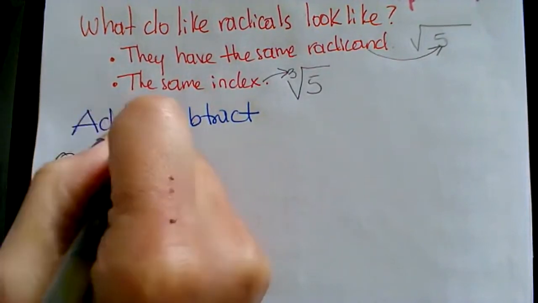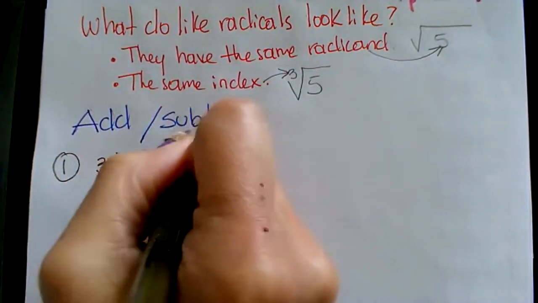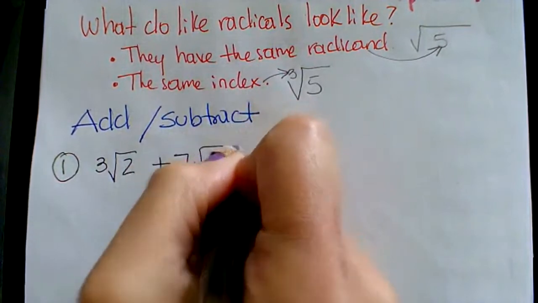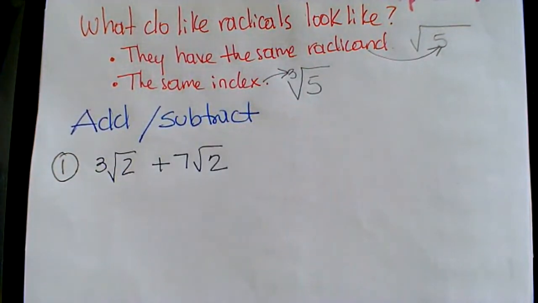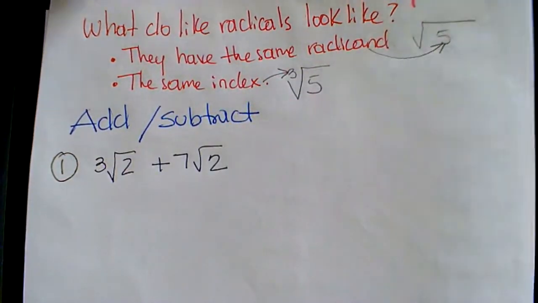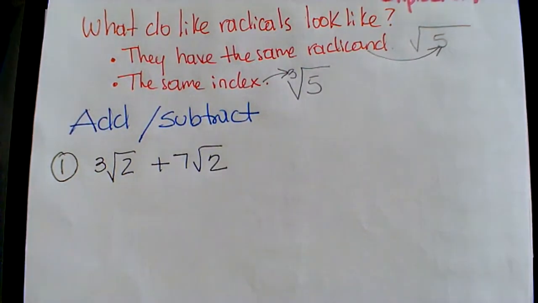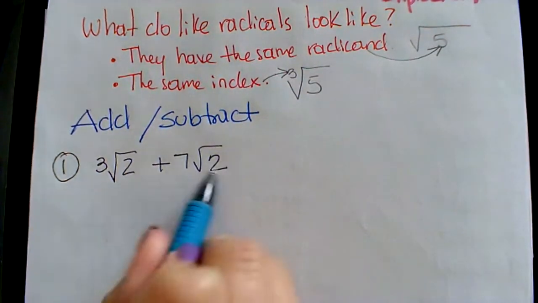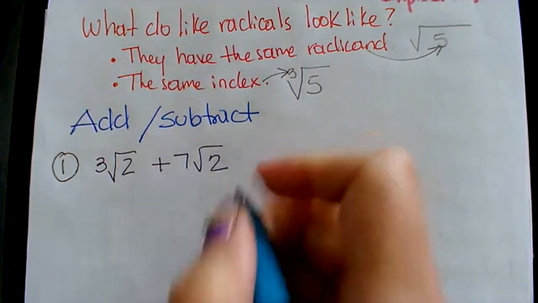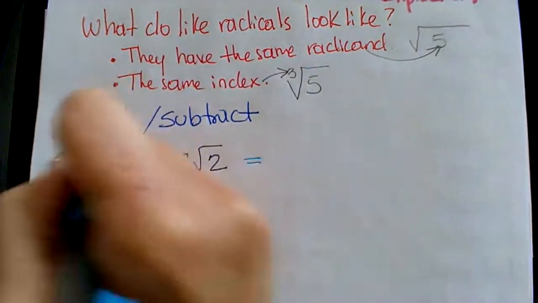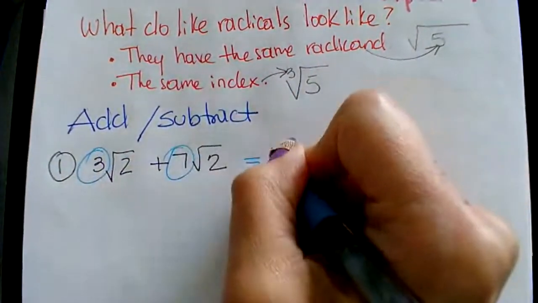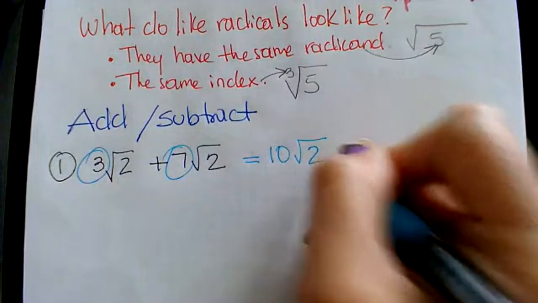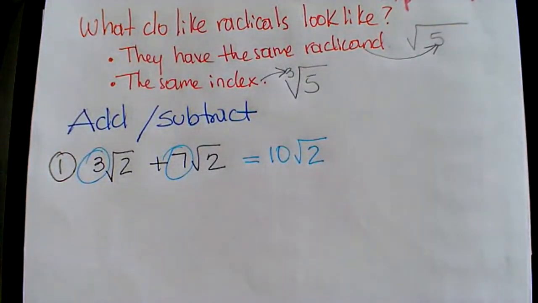We have 3 square root of 2 plus 7 square root of 2. So what is that equal to? We have the same radicand. So what do we need to do? Just add the coefficients, which is going to be 10 square root of 2.